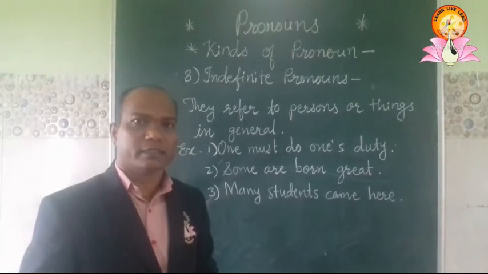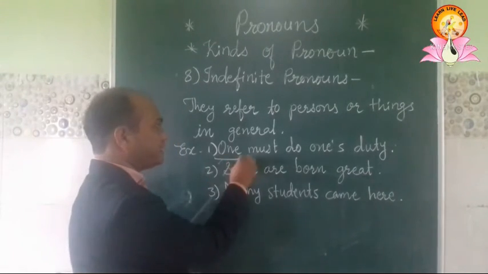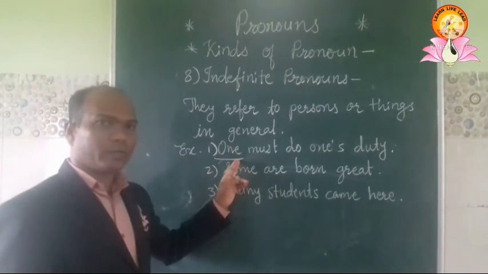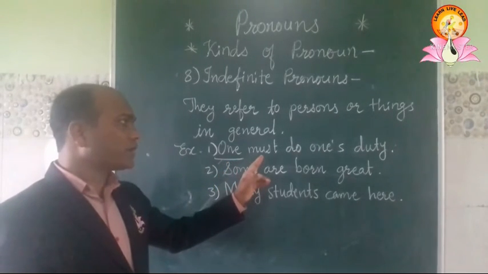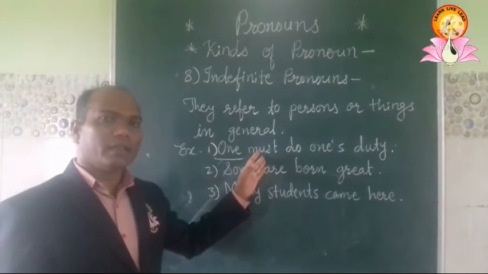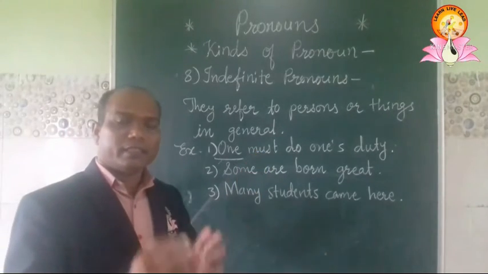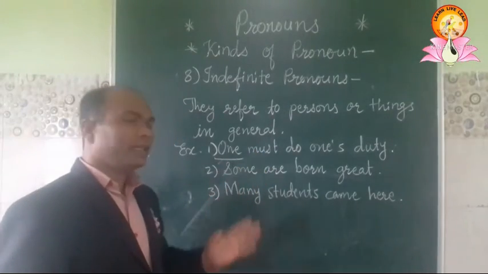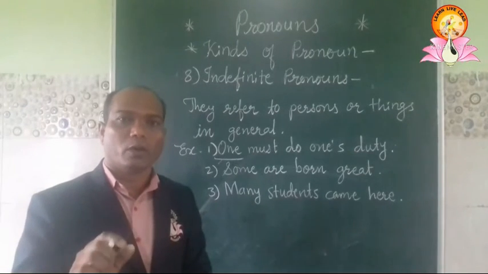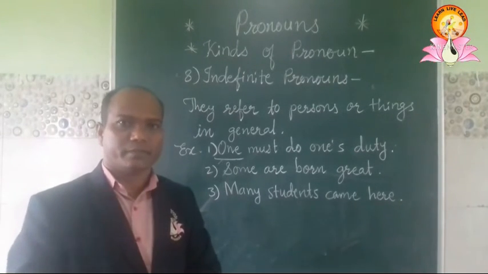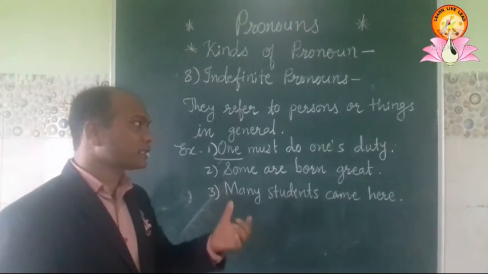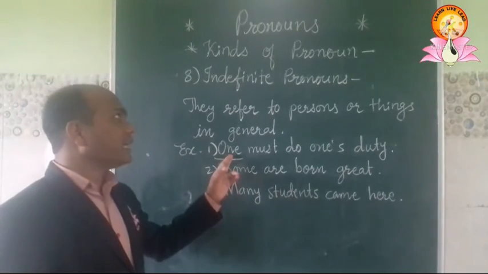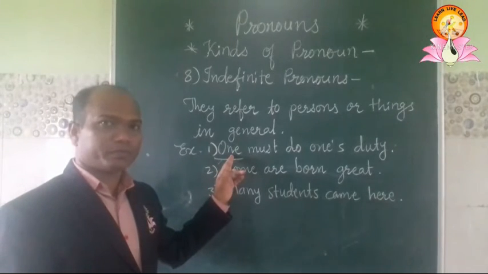Here in this sentence, one is an indefinite pronoun because this word is used to refer to a person in general. This word one is not used to point out a particular person. That's why it is an indefinite pronoun.